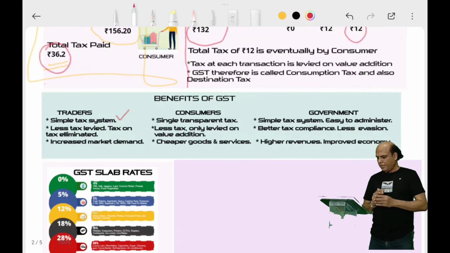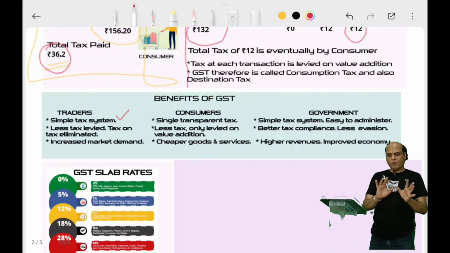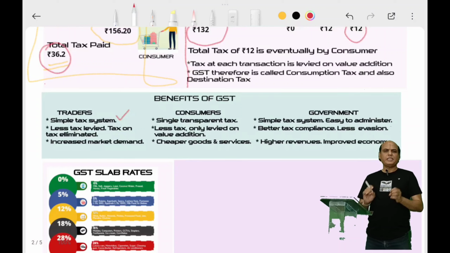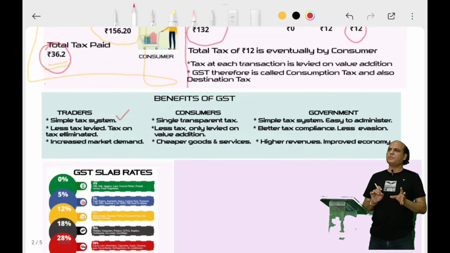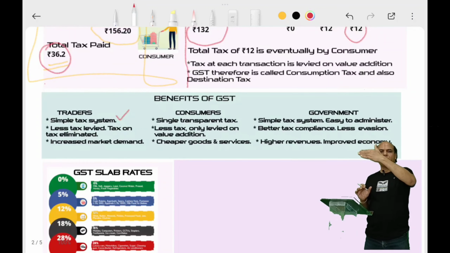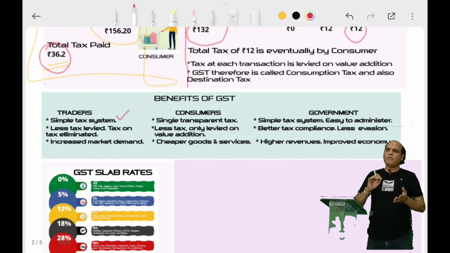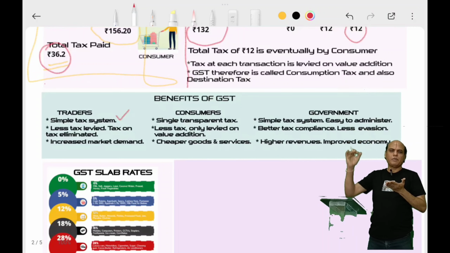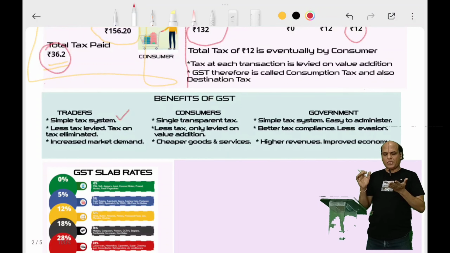Agreed? Now the same point when it comes to consumers. For them, it is a transparent tax. Earlier, suppose they are buying a product that is manufactured in Bombay, then it is coming via Indore, from Bangalore to Hyderabad. They have to calculate VAT of various states at the borders, what taxes they are paying and all this. It was very complex.